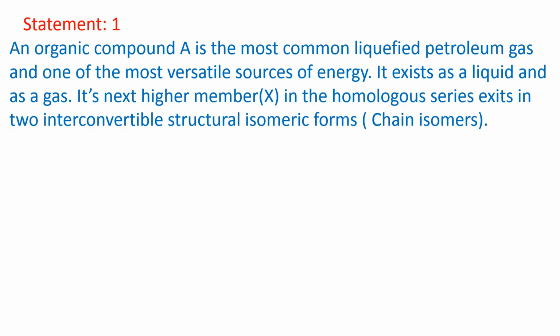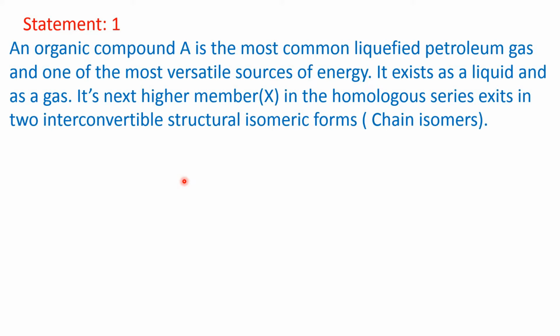Now, we'll start the solution. So, statement 1. What is given in statement 1? An organic compound A is the most common liquefied petroleum gas and one of the most versatile sources of energy.